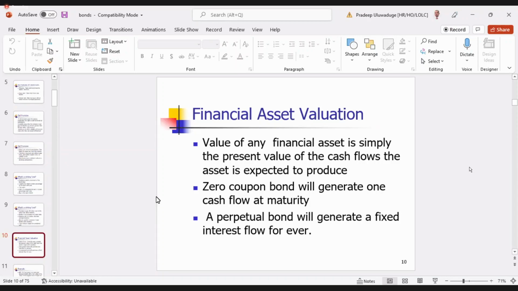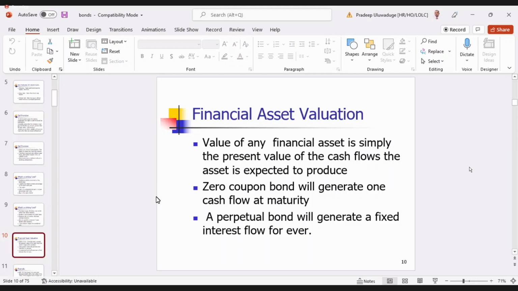So what we are now interested in is how we should value a bond, right? So, financial asset valuation in common. The value of any financial asset is simply the present value of the cash flows the asset is expected to produce, right?